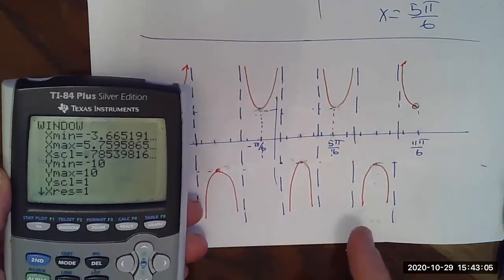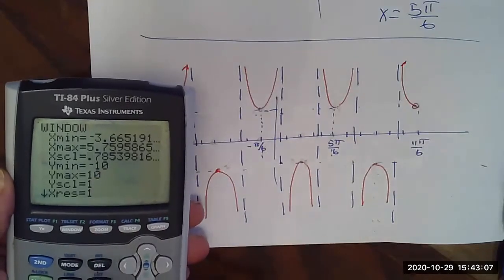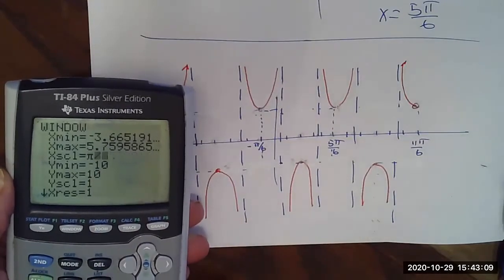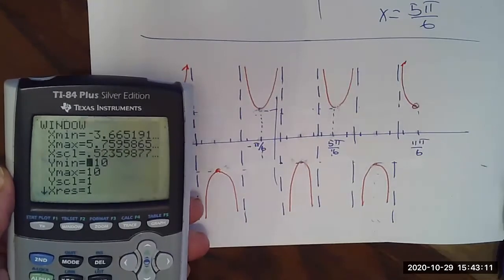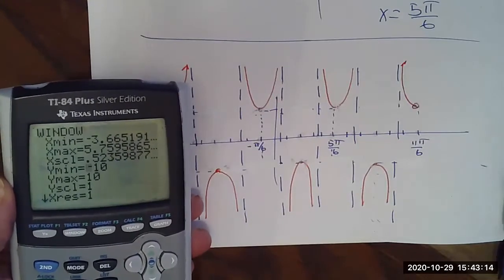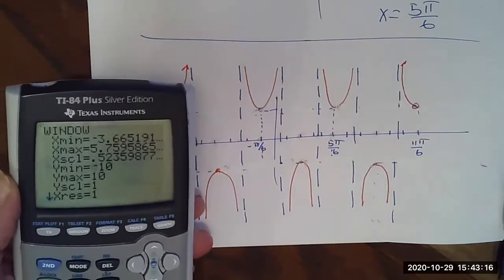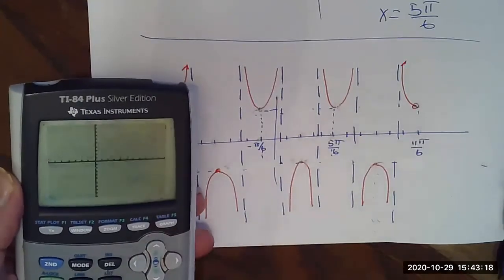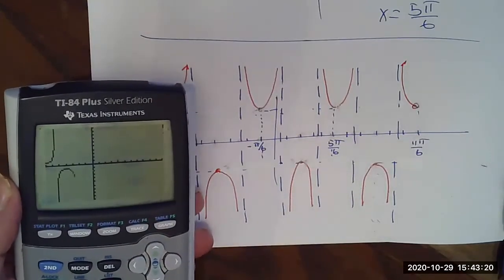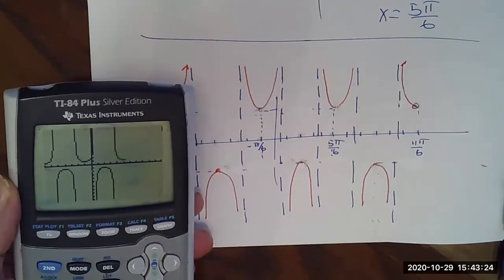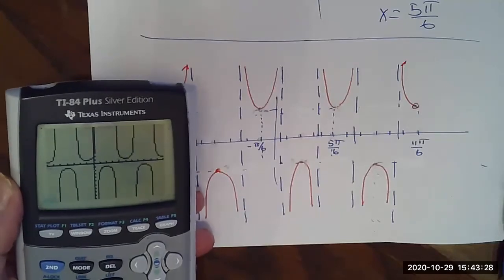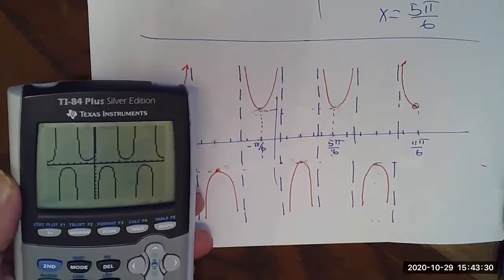Pi over 6, not that, but pi over 6, maybe. And I'll leave it as -10 and 10. And hit the graph, keep my fingers crossed. Yep, looks like it's good. Looks like I didn't make a mistake.